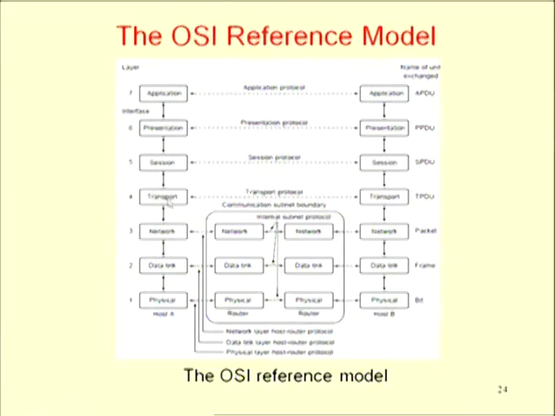Once these individual sessions are there, say for example you are fetching your messages. Those emails would be packetized, right, and then sent to the network layer. This packetization is being done by the transport layer.